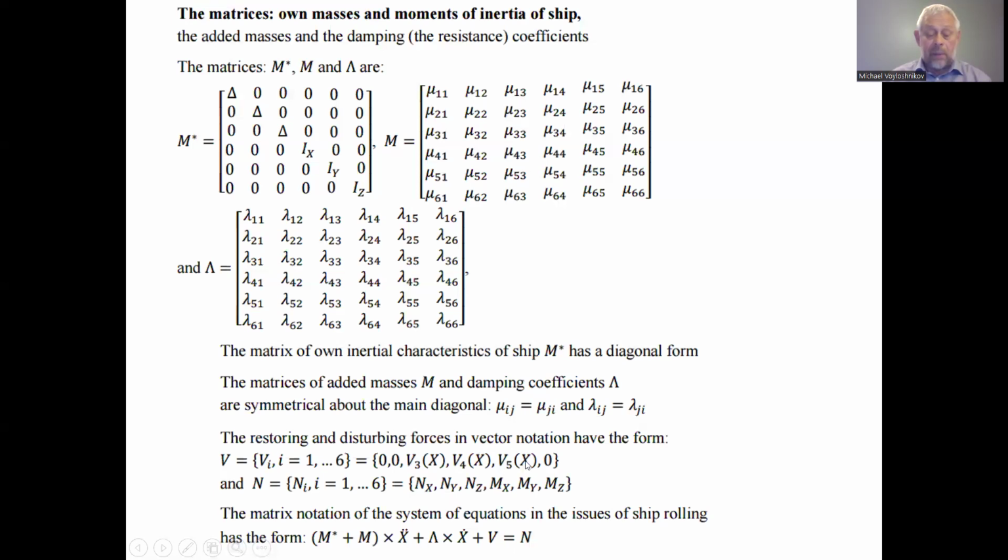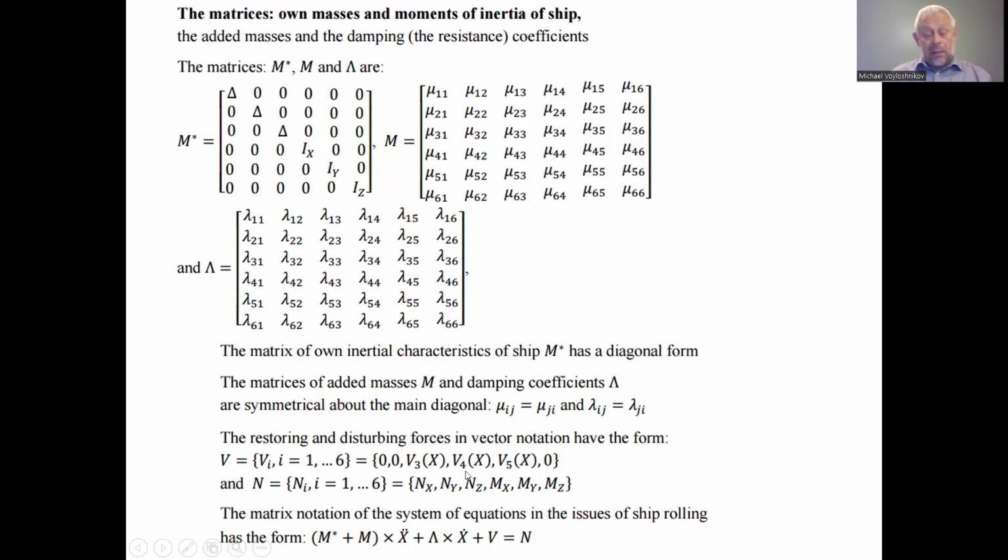In ship rocking relative to the ordinate axis y, there is angular displacement. We have three main types of ship rocking. The main types of ship rocking are those associated with the directions for which the restoring forces are characteristic.